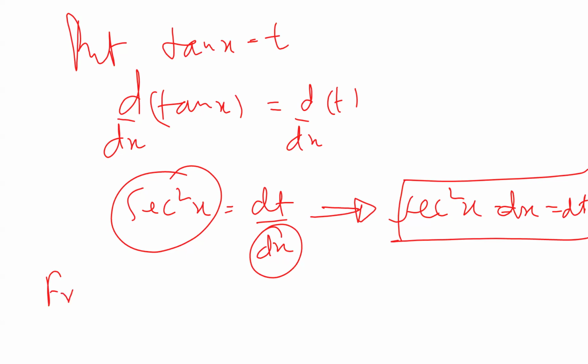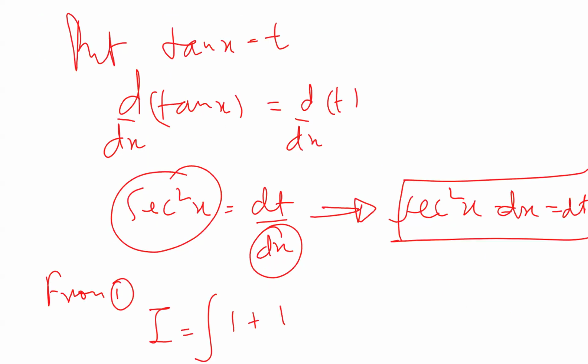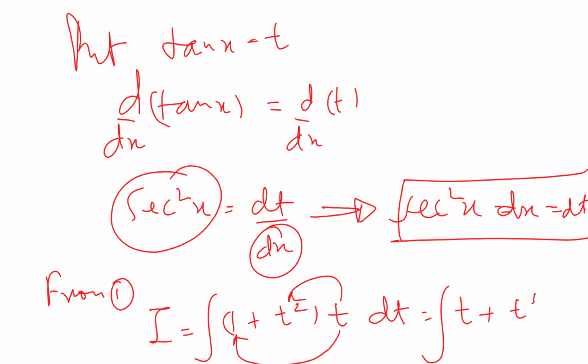So from 1, integration of 1 plus t square into t dt. Okay. So this is t into 1, that is t, into t square, which is t cube.